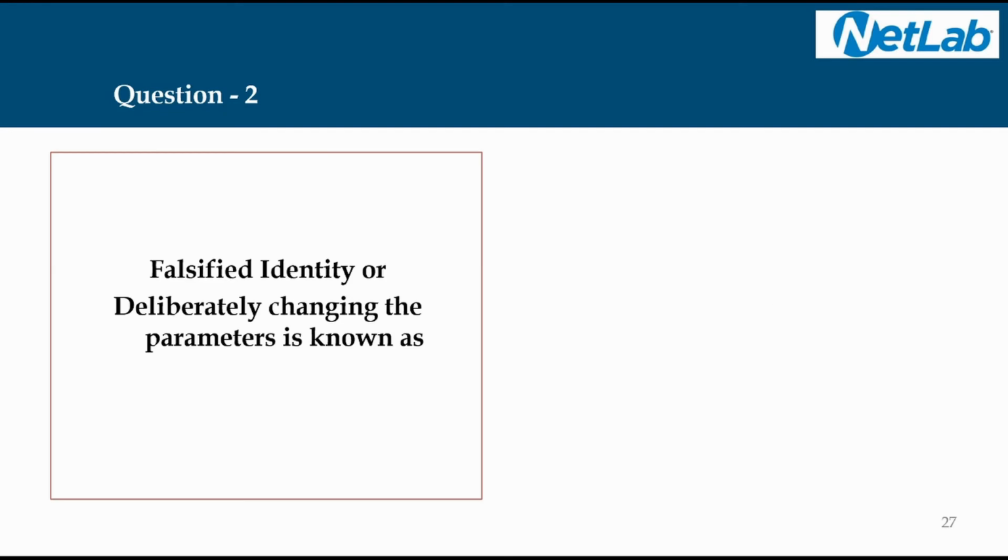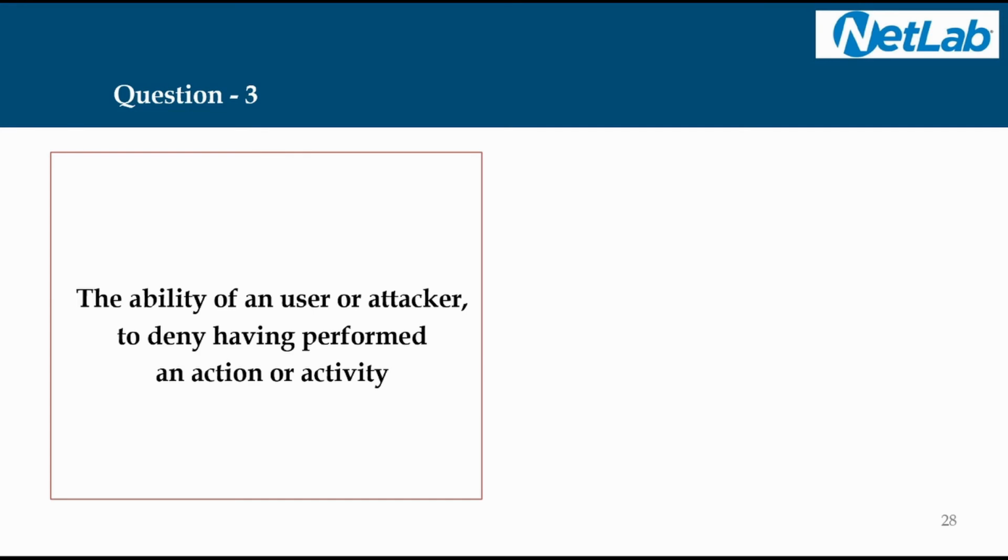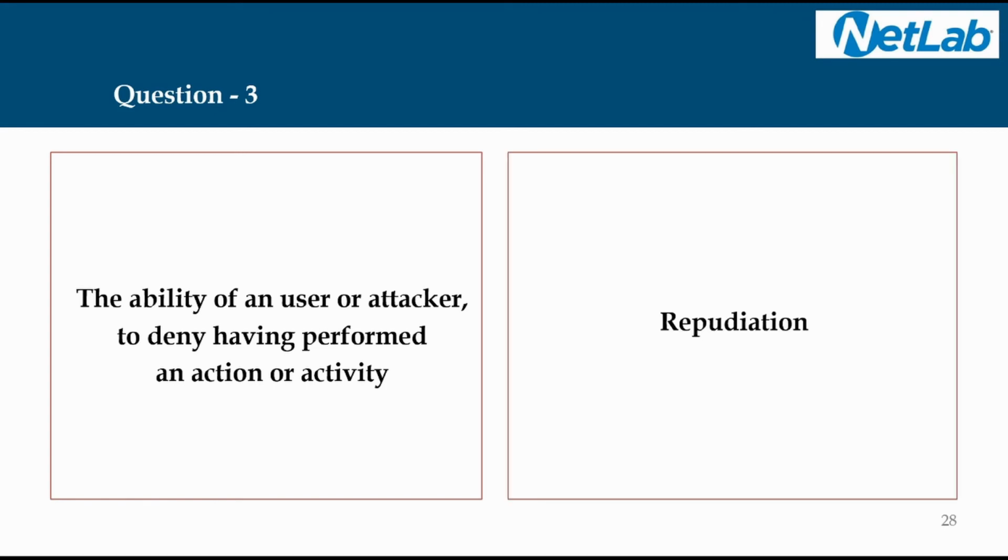Falsified identity or deliberately changing the parameters is known as spoofing. Question number 3. The ability of a user or an attacker to deny having performed an action or activity. Repudiation.